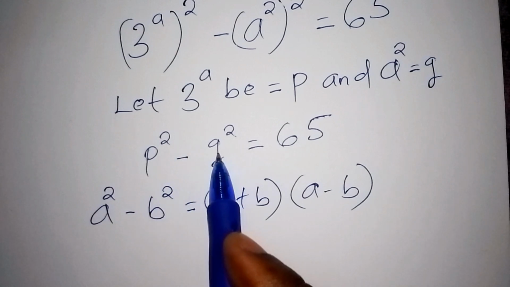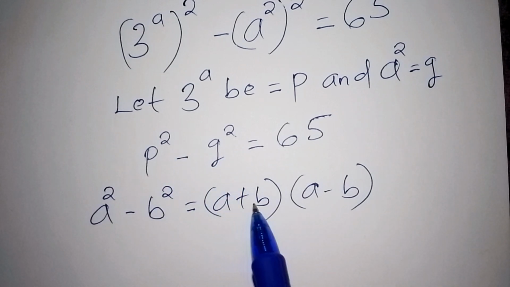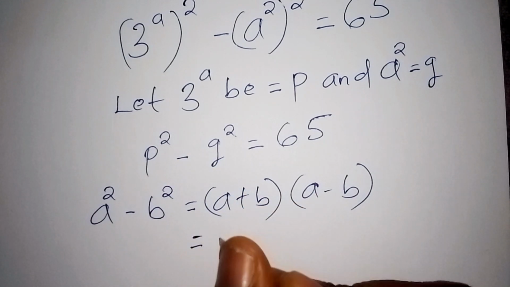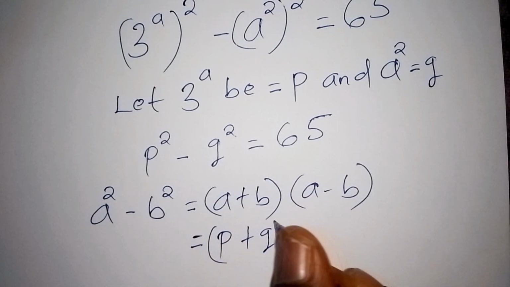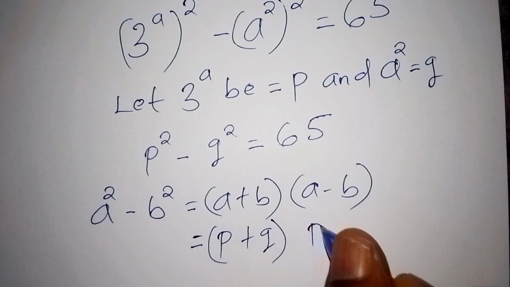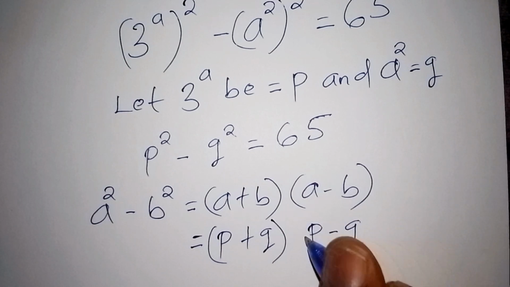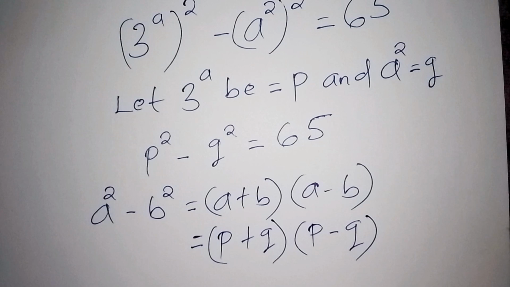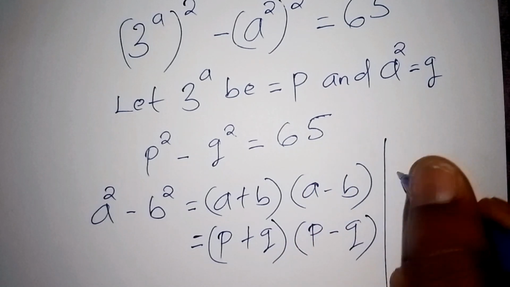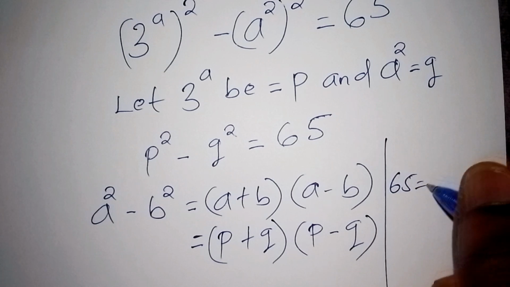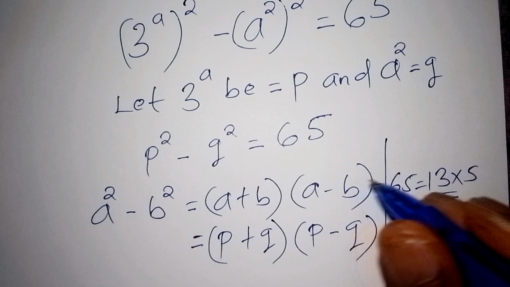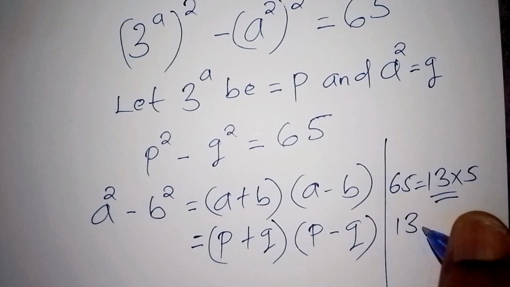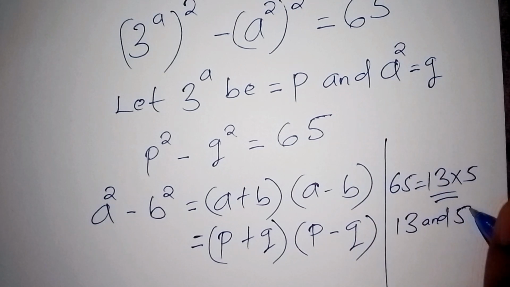So p squared minus q squared can also be written as p plus q, in brackets, then p minus q, in brackets. Now, 65 can also be expressed as 13 multiplied by 5. So 13 multiplied by 5 is 65. So meaning that we shall have 13 and also 5.